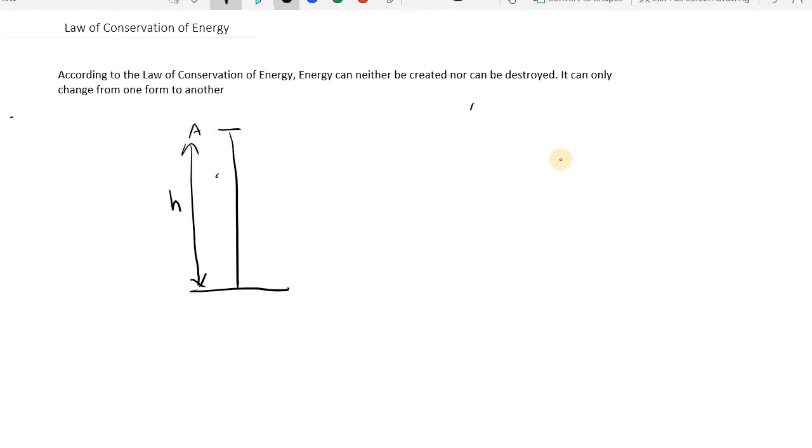So at A, the total potential energy of the body is equal to m into g into h, h being the height above the ground, m is the mass of the body, and g is the acceleration due to gravity. So this is mgh. So at that position, the potential energy is mgh.